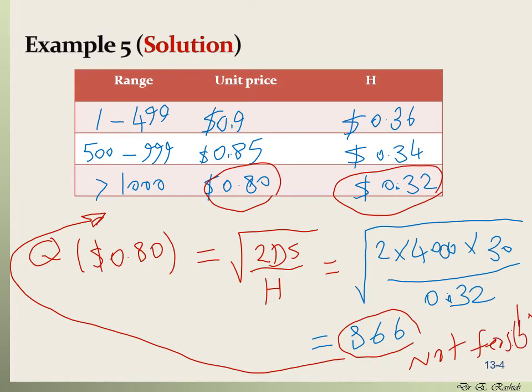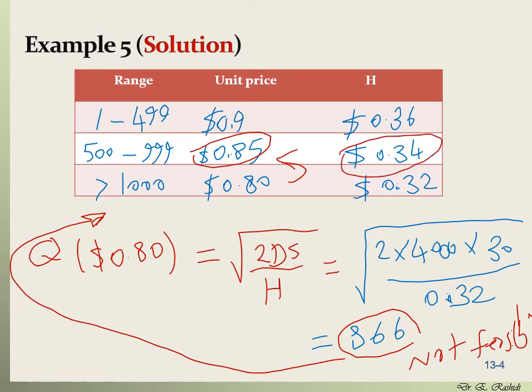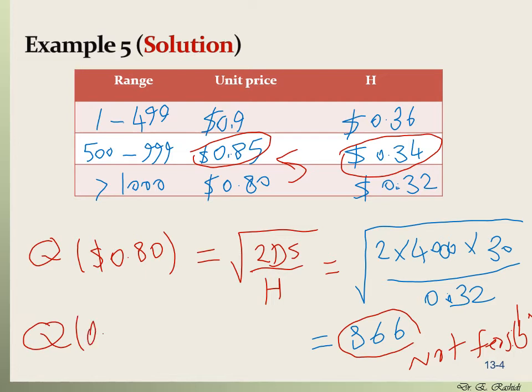So what should we do? We're going to go to the next price range, which is 85 cents, and for 85 cents, the carrying cost is 34 cents. So we're going to find the Q for 85 cents.